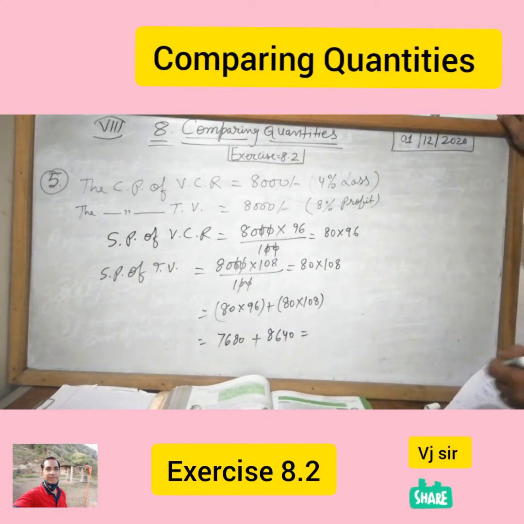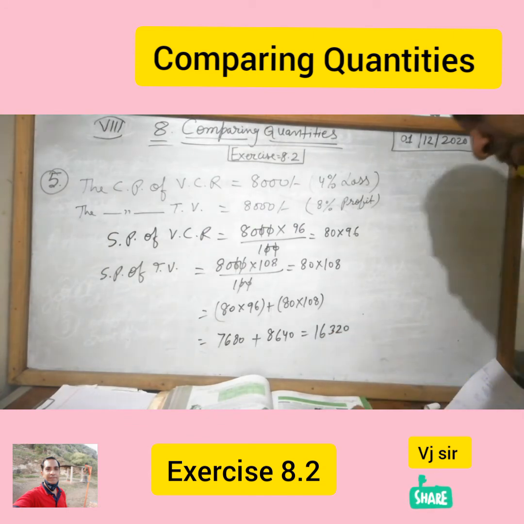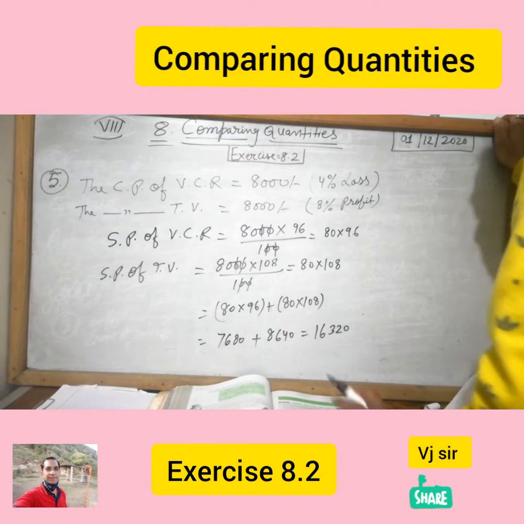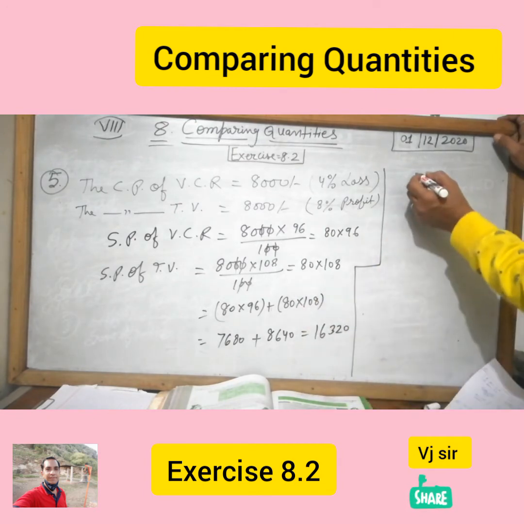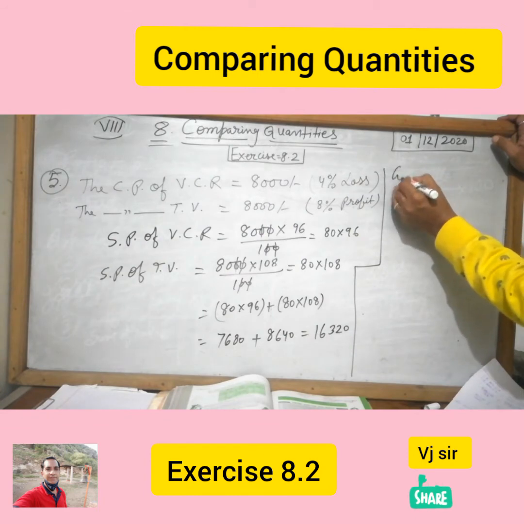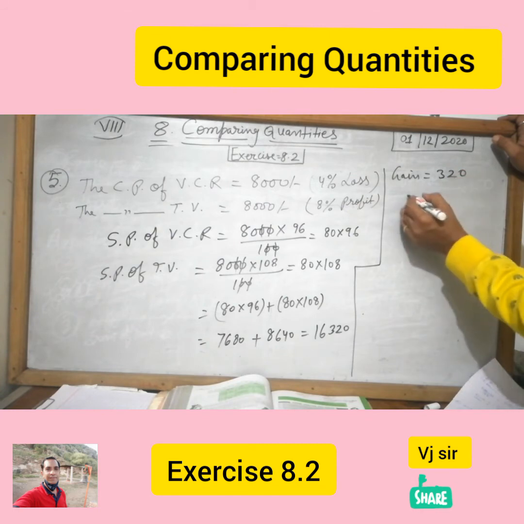Now if you add, then you will get 16,320. Then what is the question? The question is to find the gain or loss percent. Okay, what is asked? Percent. So it is a gain, that is a gain of 320.